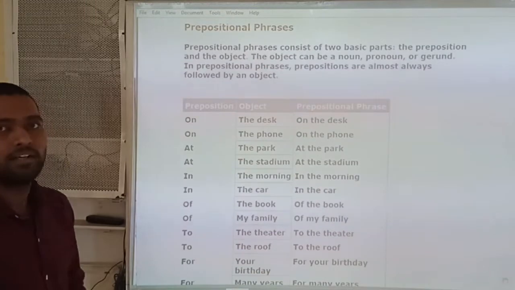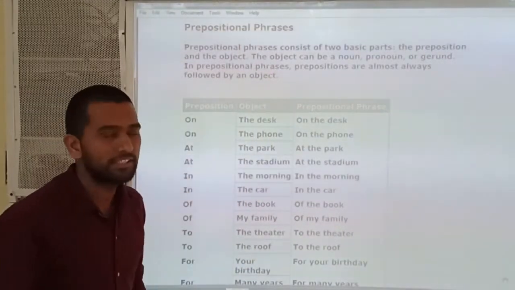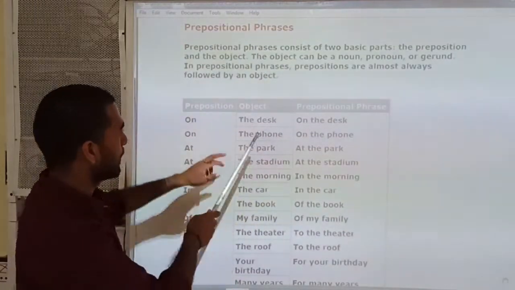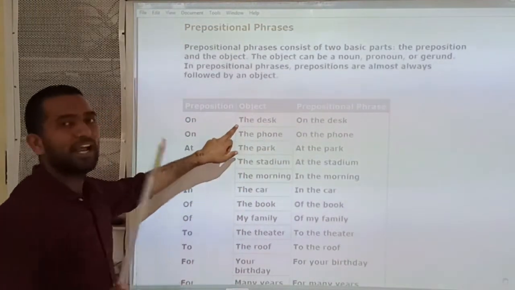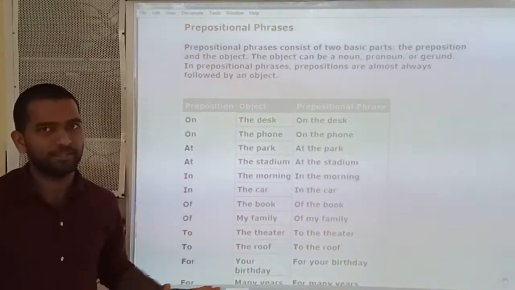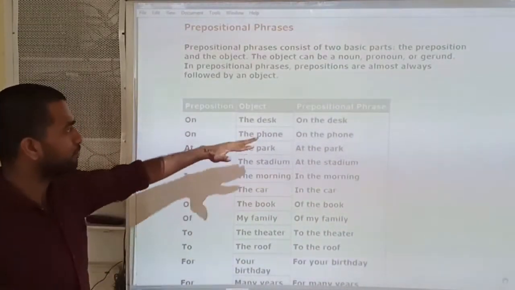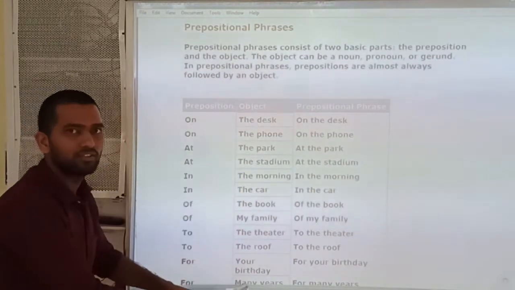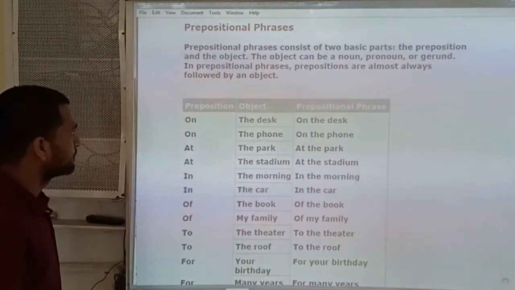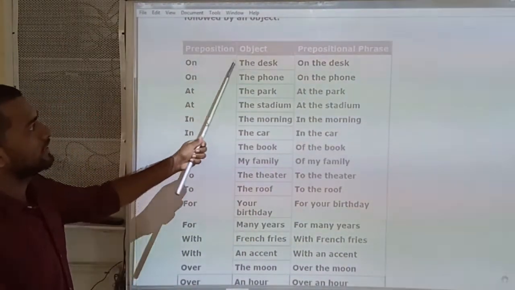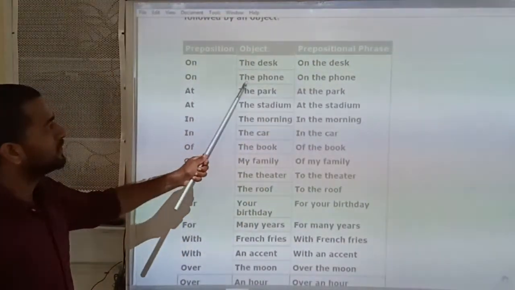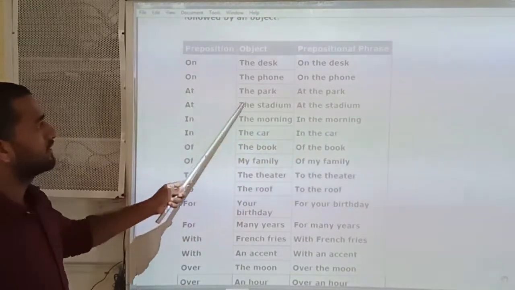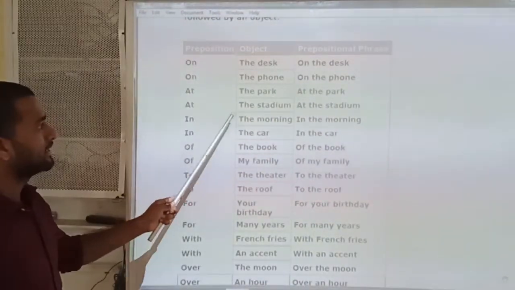Next, there are some prepositional phrases I have given here. These are just the most frequently used prepositions before these objects. It means most of the time, not always, we use the preposition that I have given here before these objects. Have a look at them. On the desk, on the phone, at the park, at the stadium, in the morning.